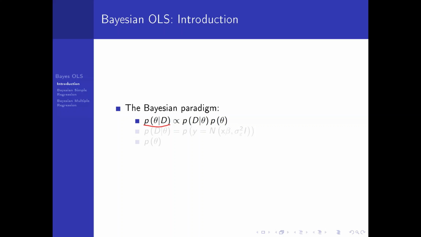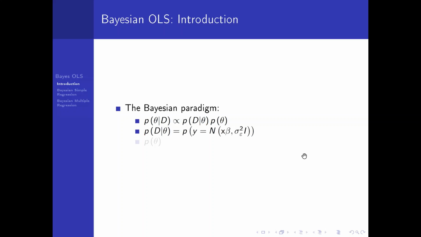Based on Bayes' theorem, the posterior probability distribution is proportional to the likelihood, the likelihood of the data given the parameters, multiplied by the prior, that is the probability density function of theta.